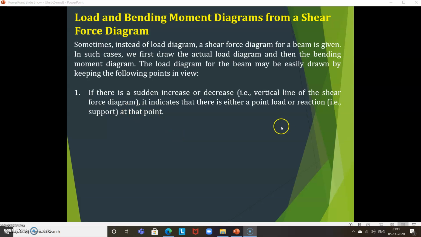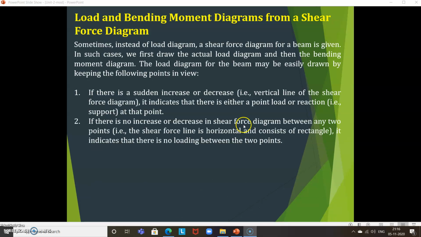The first one: if there is a sudden increase or decrease, that means a vertical line in the shear force diagram, it indicates that there is either a point load or a reaction. Reaction means a support at that point.